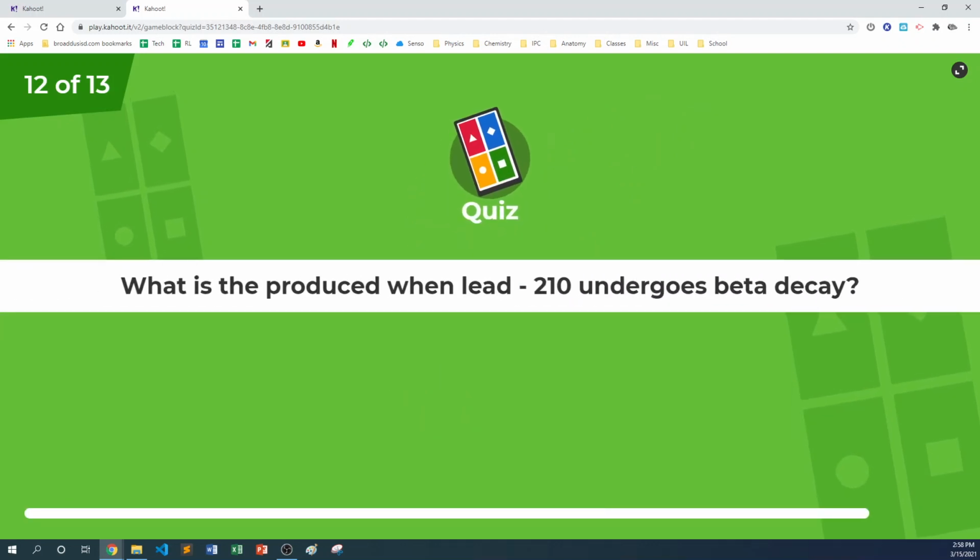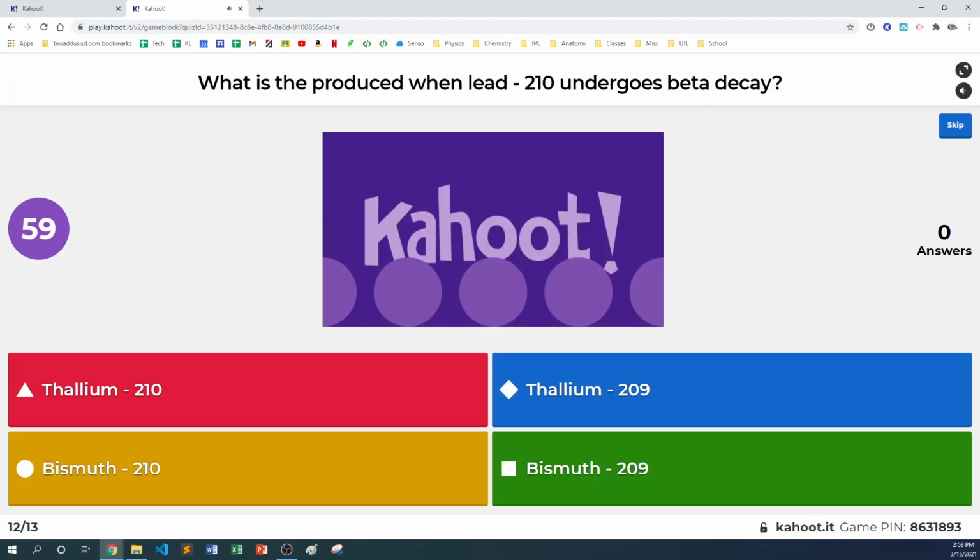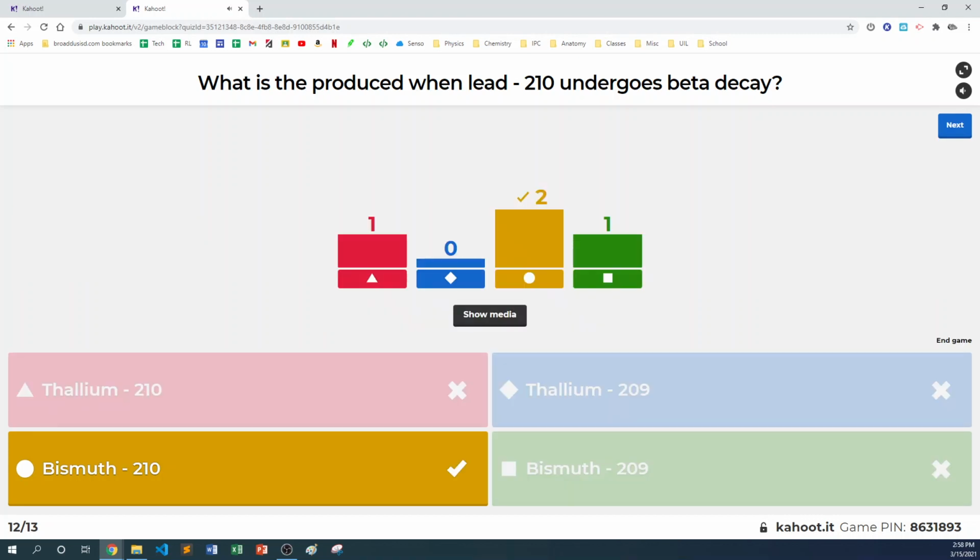What is produced when lead-210 undergoes beta decay? So 210 is not going to change. To the right of lead is bismuth. Done. I quit.